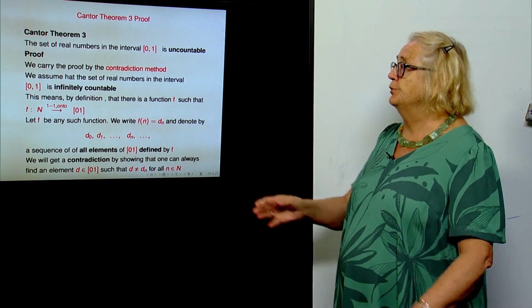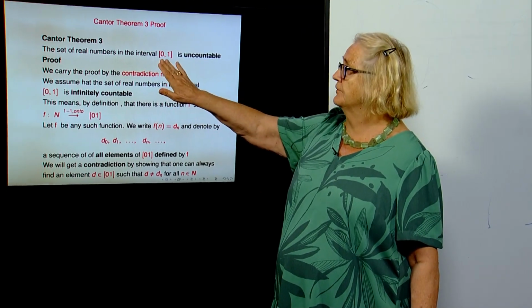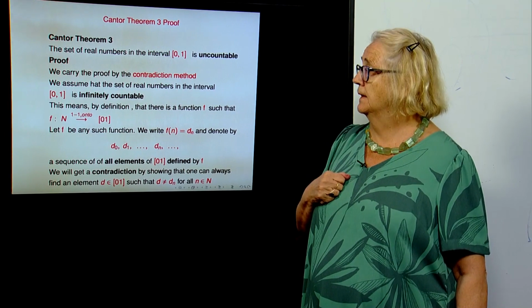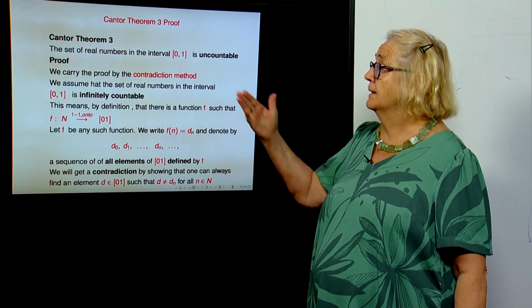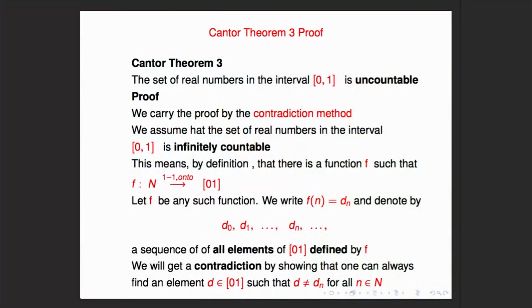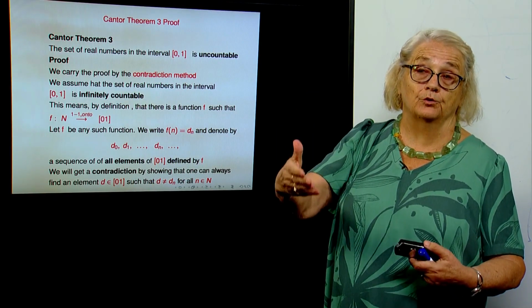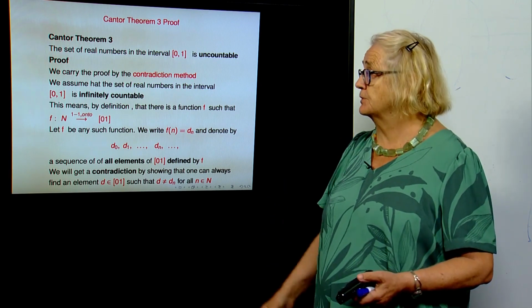So let's prove the set of real numbers in 0, 1 is uncountable. And we do it by the contradiction method. In the contradiction method, if you assume that something is not true and you carry on your proof and get a contradiction, it means that it was impossible for what you wanted to prove to be not true, so it must be true.